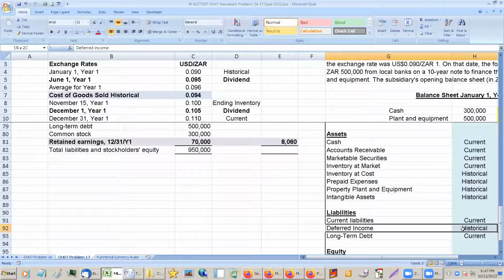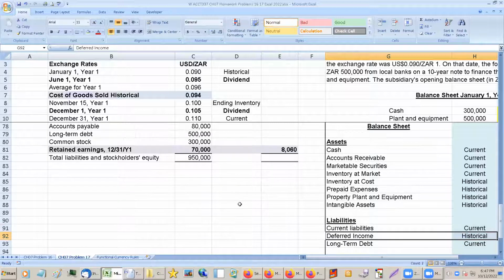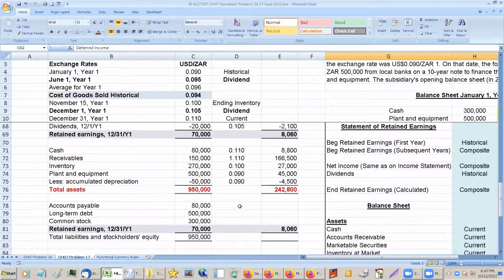Whenever they hand you the money, you convert it into US dollars. So that's why that deferred liability would be at a particular point in time. Yeah, so current rate is 1.110. And the same thing for the liability.